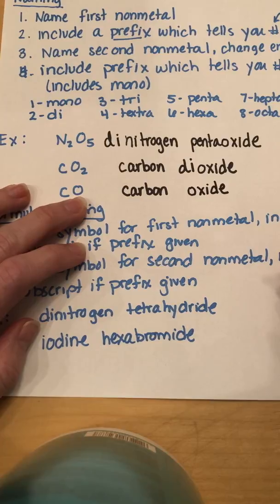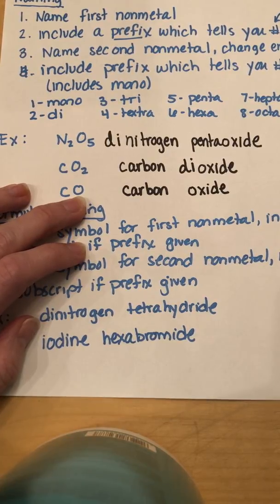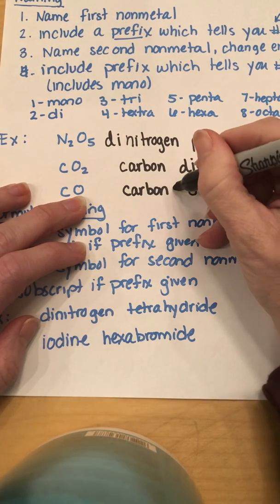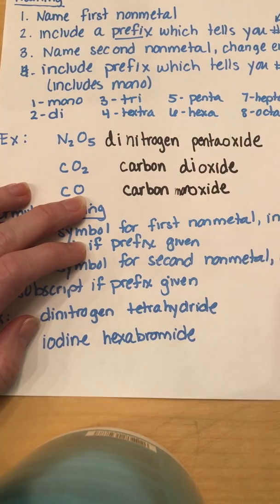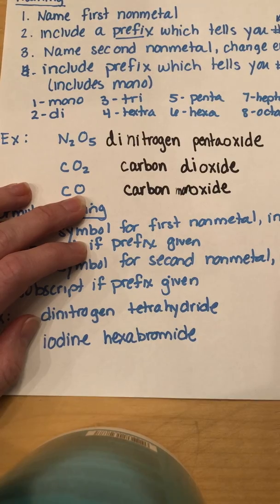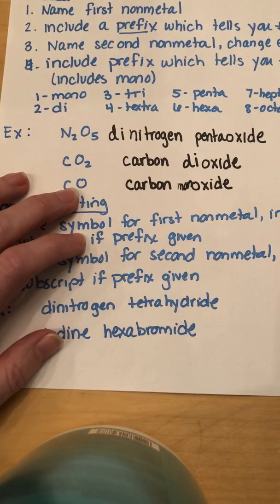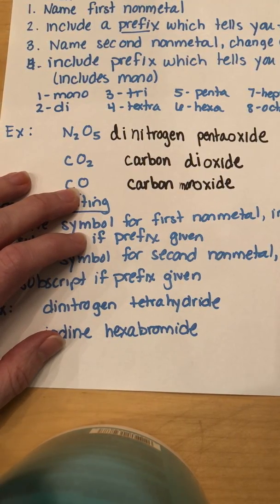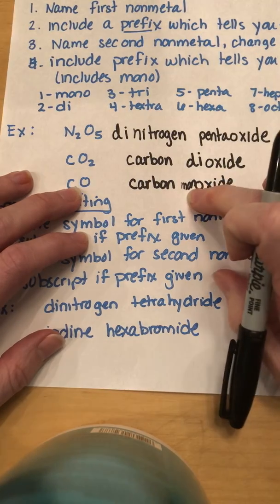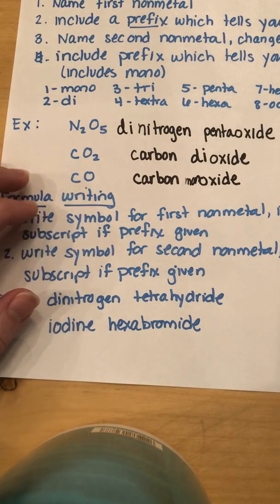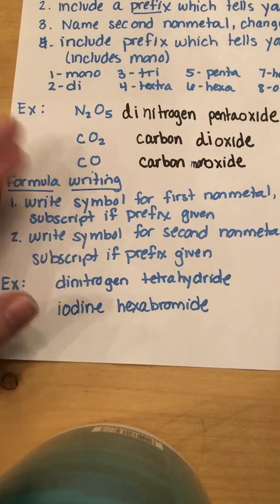This also has 1, but the prefix mono is used on the second element. So this would be carbon, sorry, I should have left myself more space, monoxide. So I use this one as an example to show you instances where you do put mono on the second element and instances where you do not put mono, which is on the first element.